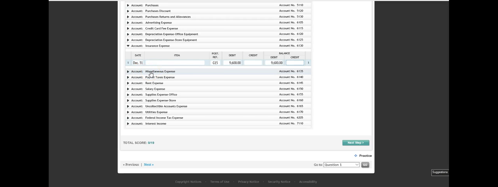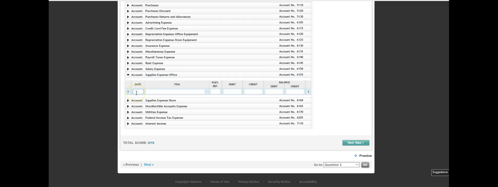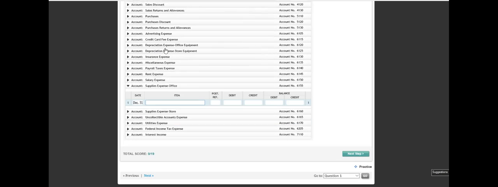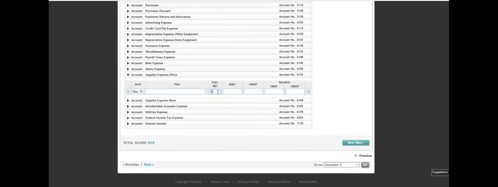And then we have supplies expense office. If we look up here, 2560.08 was a debit. Supplies expense store.